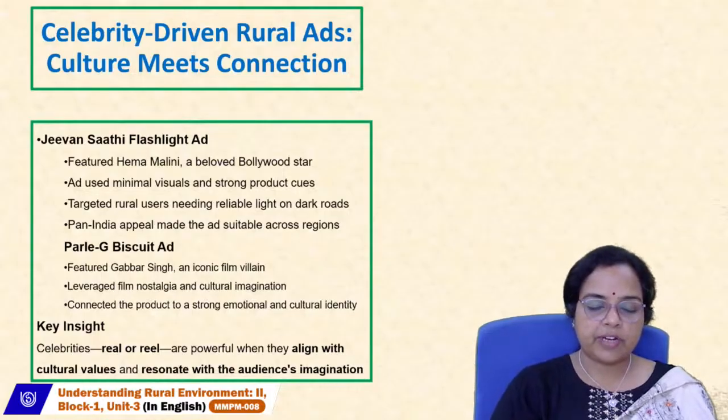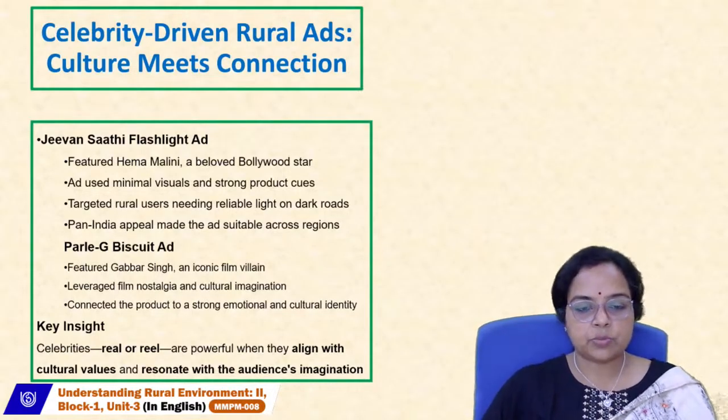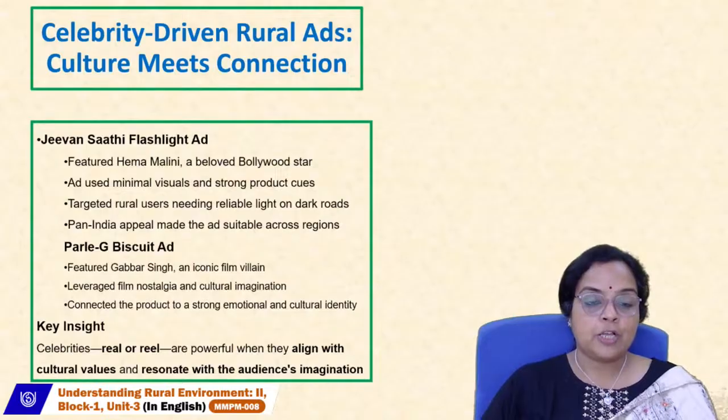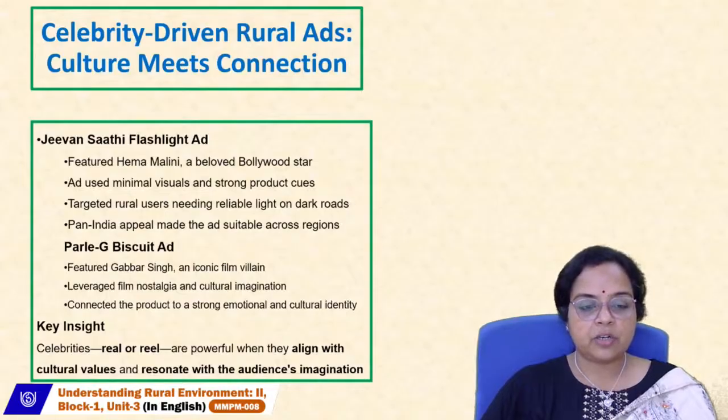Through the advertisement, the company has tried to build a strong emotional connection between Parle-G biscuit and kids. So it was accepted by Indian rural consumers. Celebrities, real or reel, are powerful when they align with cultural values and resonate with audience imagination. That is a must.